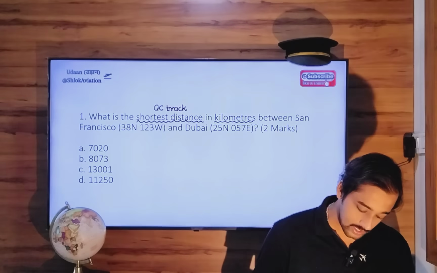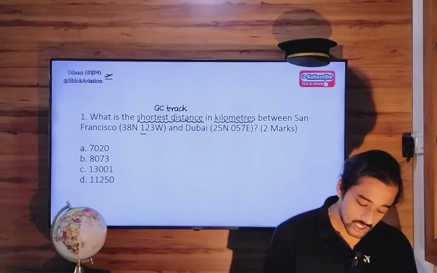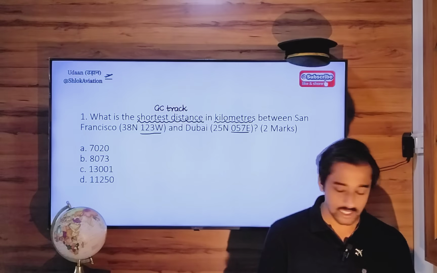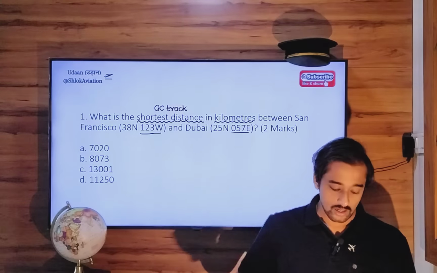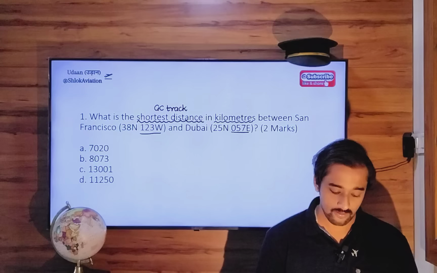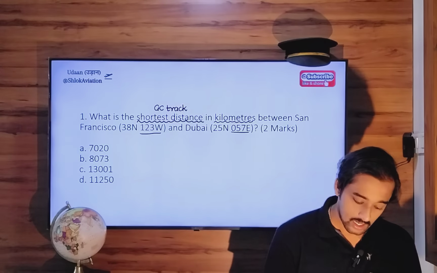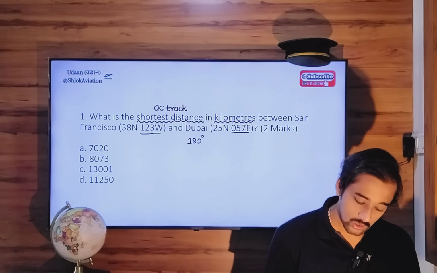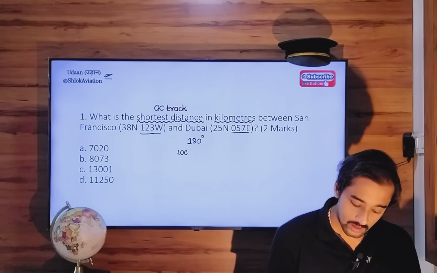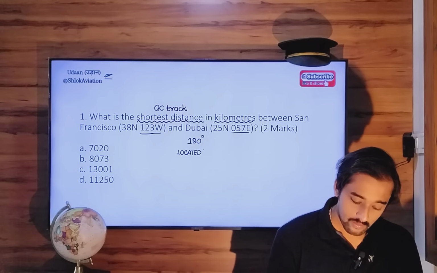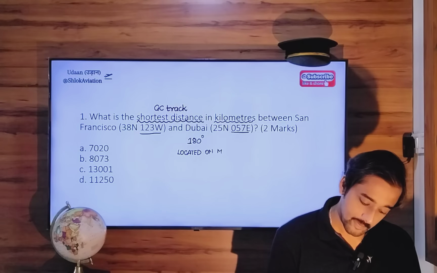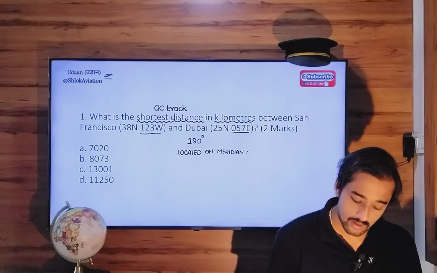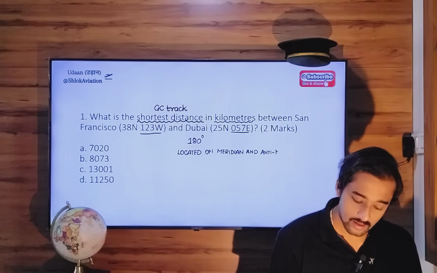Next, very important: if you look closely, the addition of 123 west and 57 east amounts to 180 degrees. That means these two locations are located on a meridian and an anti-meridian.